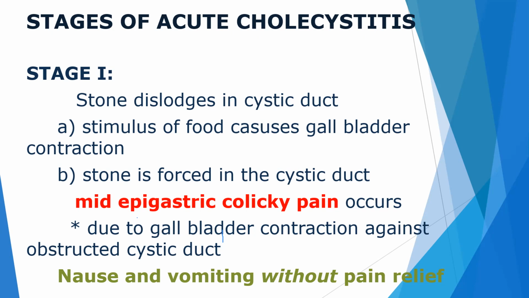And when we look into the labs, in the complete blood count, the CBC, we observe absolute neutrophil leukocytosis. And this attack subsides if the stone falls off the cystic duct. Sometimes because of the size of the stone, or sometimes with the effort of the gallbladder, the forceful contractions, the stone which was impacted for some time in the cystic duct pushes out of the cystic duct and goes into the CBD.